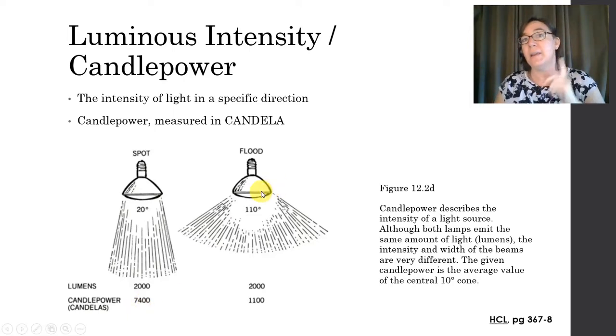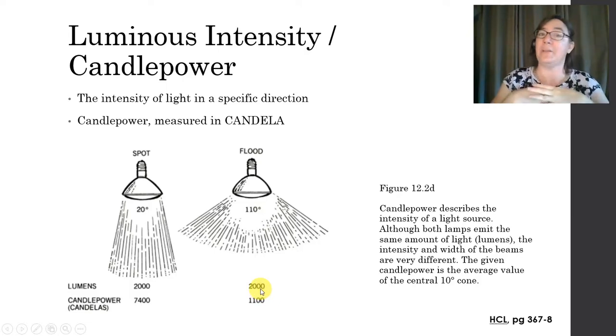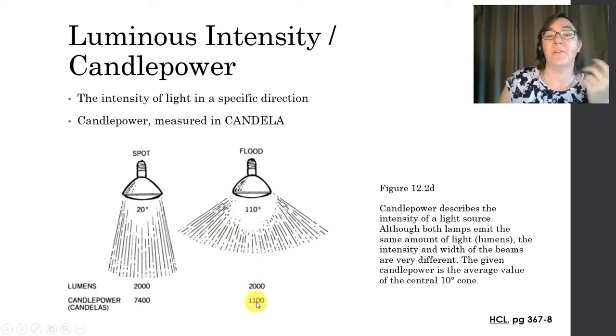The flood fixture, on the other hand, spreads its beam far wider, and although it's providing 2,000 lumens, they are spread over a wider distance. And so if we were just measuring in the one direction, it has far less candela, 1,100.